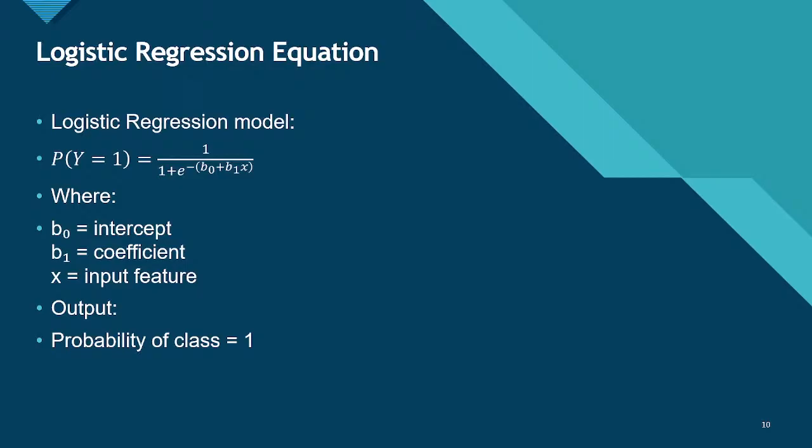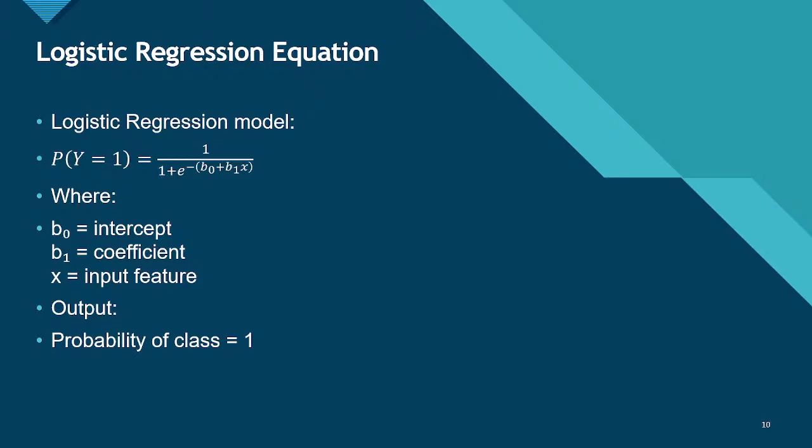We will see the formula and explain the concept. Now let's look at the mathematical model behind logistic regression, the formula to predict the probability that the output belongs to class 1.